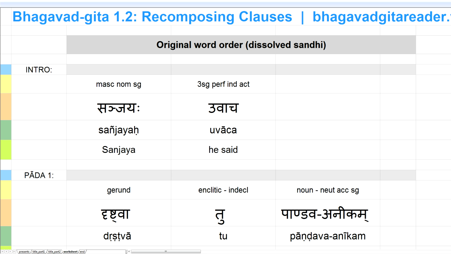What do we say about that? Well, we see here that it is a masculine nominative singular, and that means that it must be a subject in a verb clause.